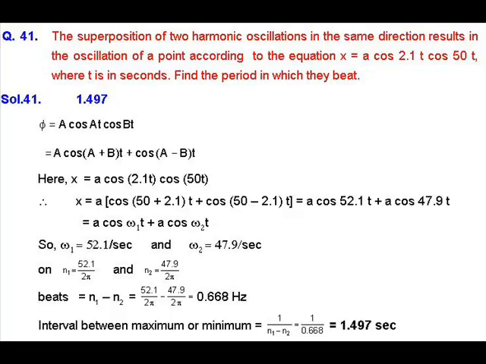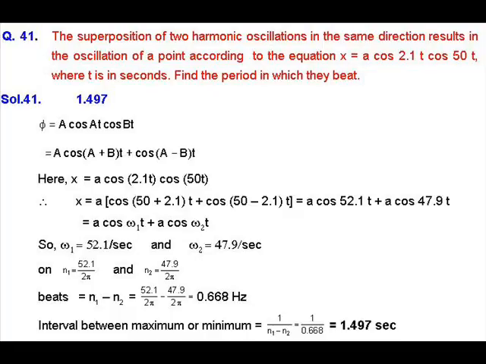By separating the oscillations into individual oscillations, we know that a cos of at cos of bt equals a by 2 times cos of (a plus b) t plus cos of (a minus b) t. By using this formula, x equals a cos of (50 plus 2.1) t plus cos of (50 minus 2.1) t.